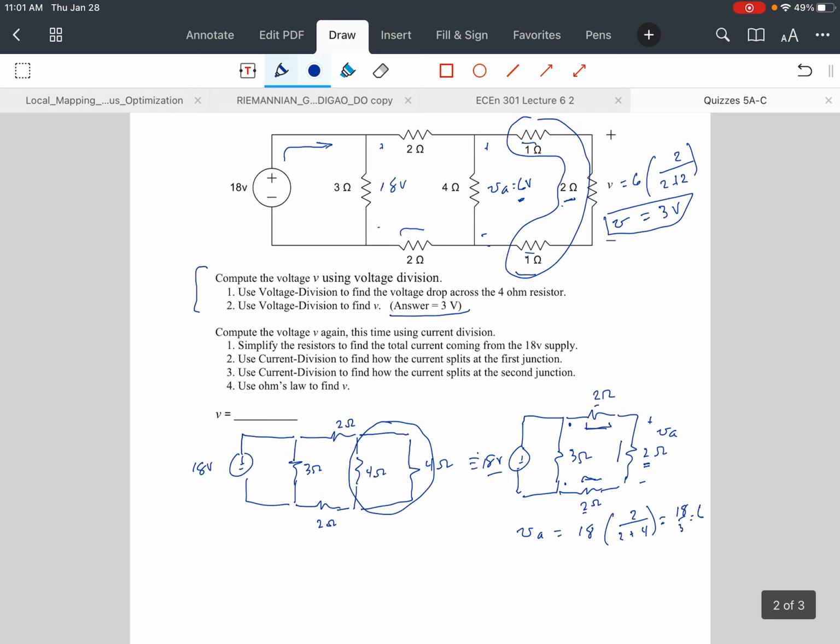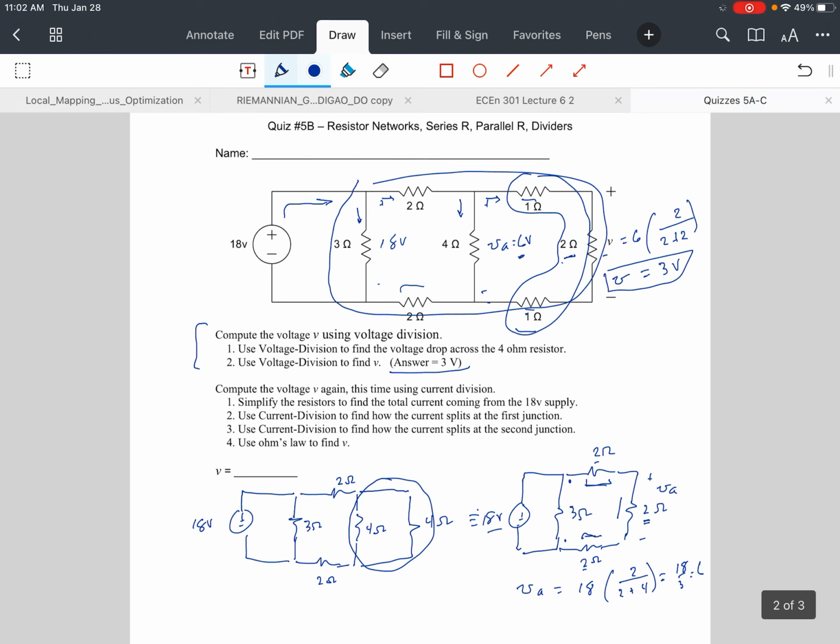So we need to simplify all of those resistors so we can calculate how much current there is, then divide how much current gets split this way and that way. Then we can come over here and say how much current gets split that way, and then Ohm's law would give us the voltage. This might be a little bit confusing, but I'm going to just erase up here.